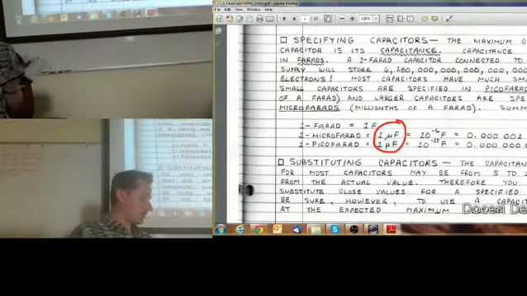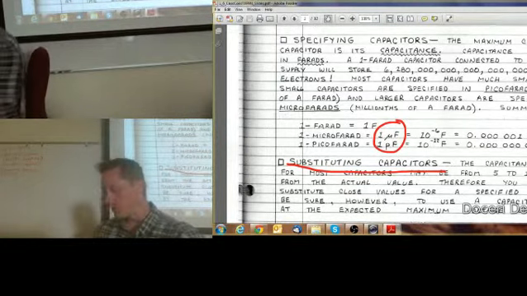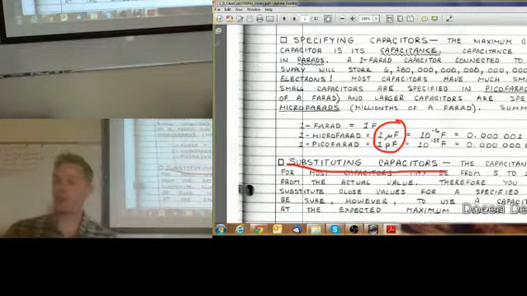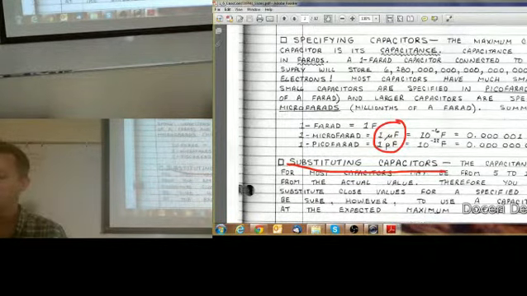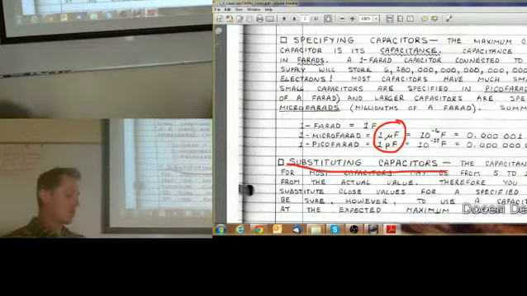Now, typically when you start to substitute capacitors, most capacitors are accurate within 20% of their marked value. Okay? So if a capacitor is marked 1 microfarad, that'll be plus or minus 20%.